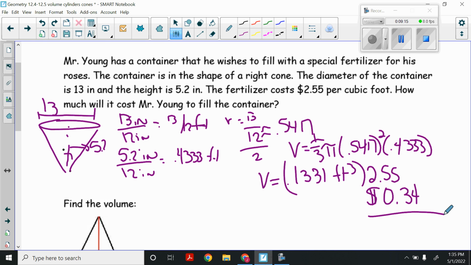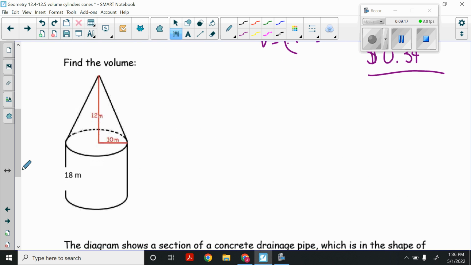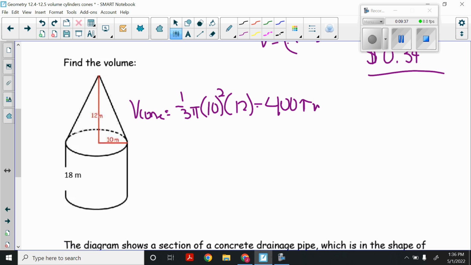All right, so the next one, we see we have composite shapes. We have a cylinder and a cone. It wants me to find the volume of them. So first I'm going to find the volume of the cone. So the volume of the cone is equal to 1/3 pi, the radius 10 squared times the height 12. So this is about 400 pi cubic meters. I'm going to find the volume of the cylinder.